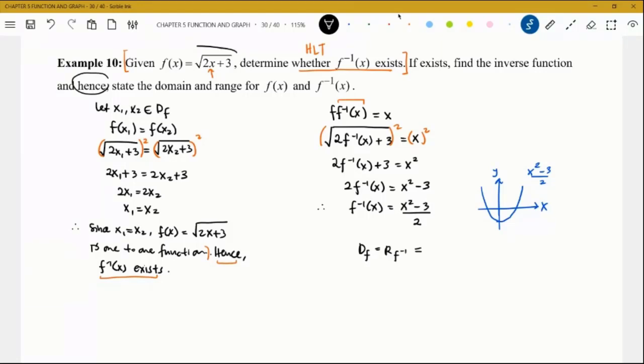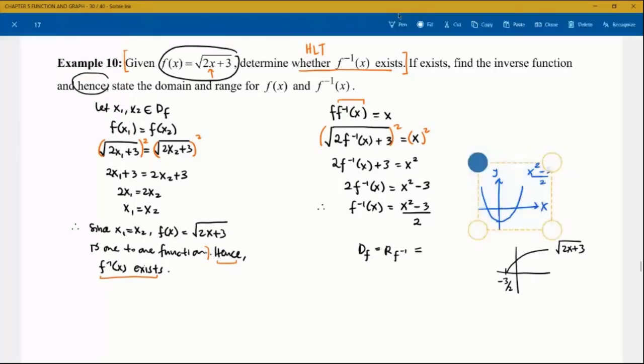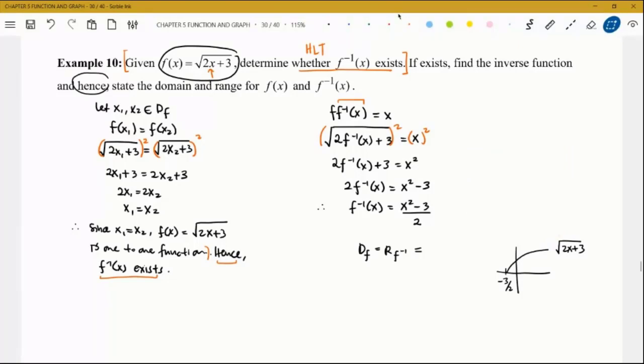So daripada ini, kita akan dapat domain dia adalah... ini adalah graf untuk square root 2x plus 3. Okay. Ini saya cancelkan dulu sebab kita tak boleh lukis kuadratik. Okay. So ini adalah graf untuk f. Ini graf untuk f. Okay.